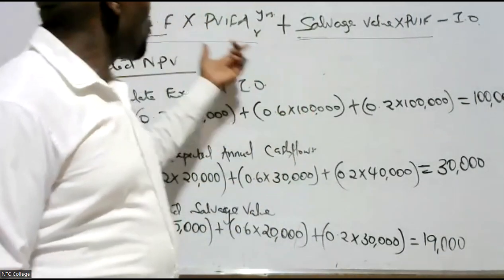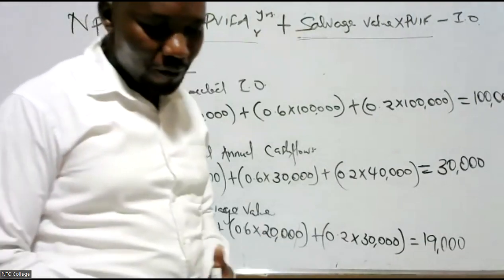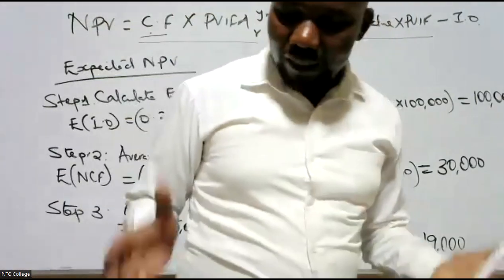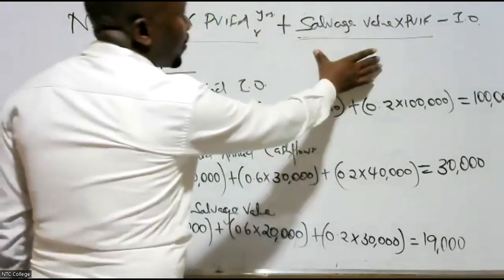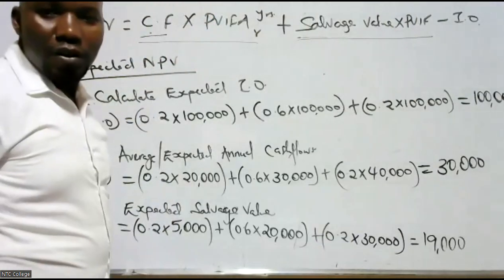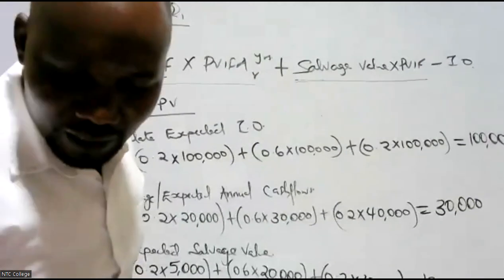So we have what we require so that we can now perform our NPV. Can we now calculate NPV? Because already we have expected cash flow, expected salvage value, expected IO. So we can now get our expected NPV.